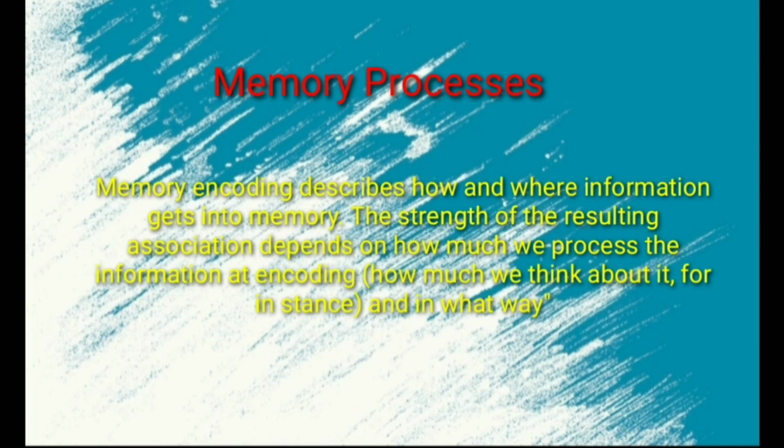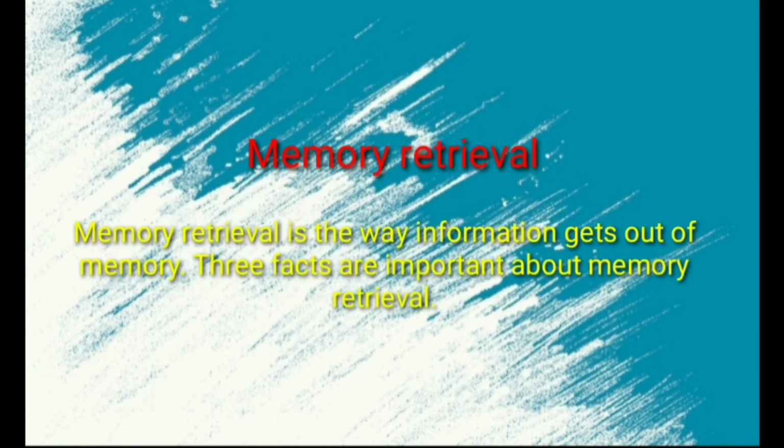Memory encoding describes how and where information gets into memory. The strength of the resulting associations depends on how much we process the information at encoding, how much we think about it, for instance, and in what way. Memory retrieval. Memory retrieval is the way information gets out of memory. Three facts are important about memory retrieval.